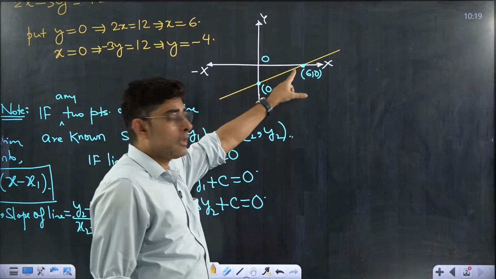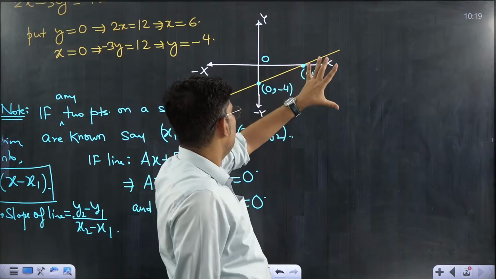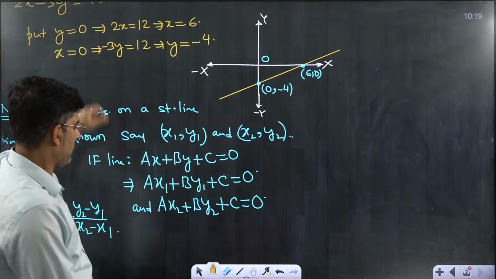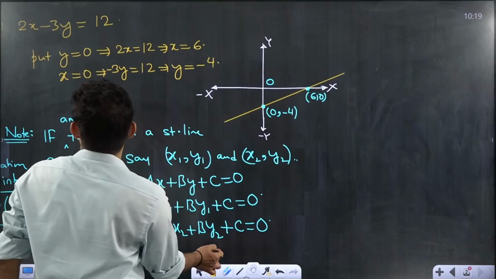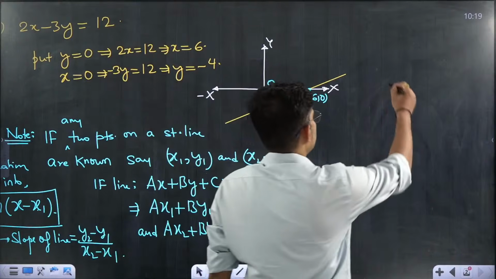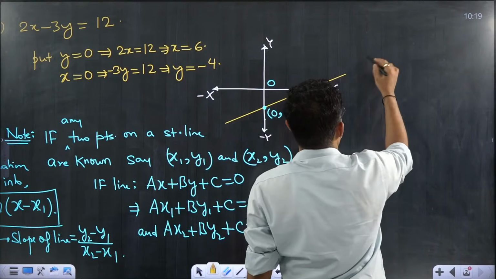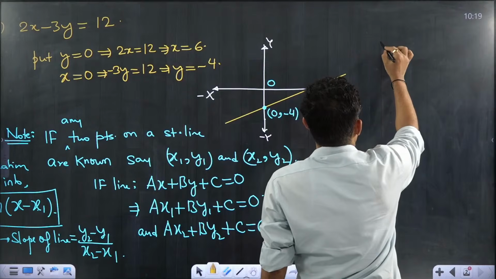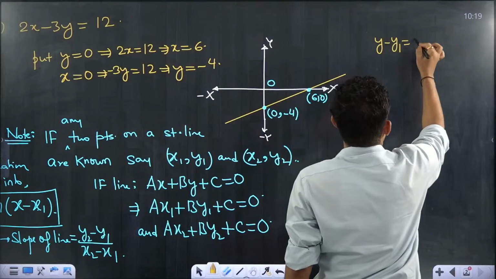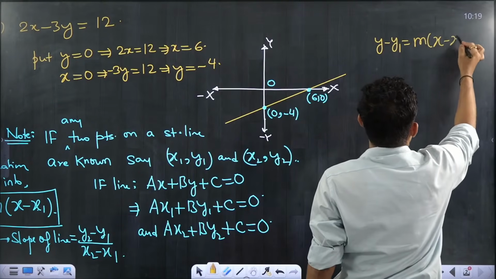So here, this straight line, let us cross check by this. I said the equation of the straight line was given here. See, I am cross checking by what I taught. 2x minus 3y is equal to 12. I said y minus y1 is m into x minus x1, right?